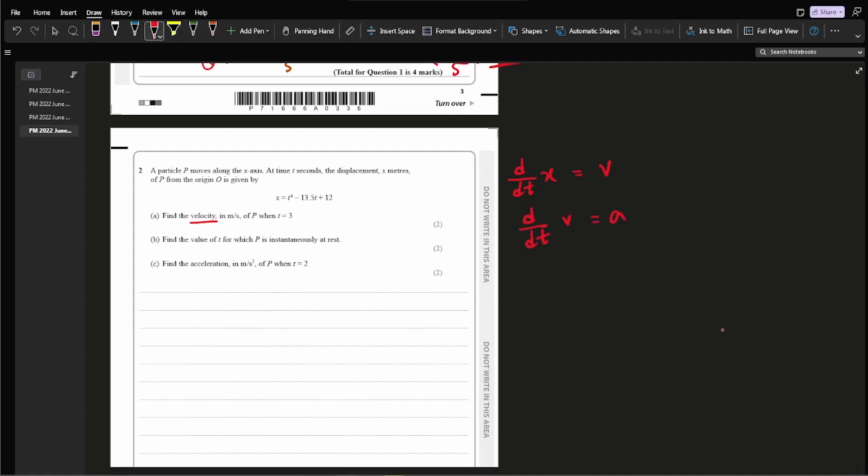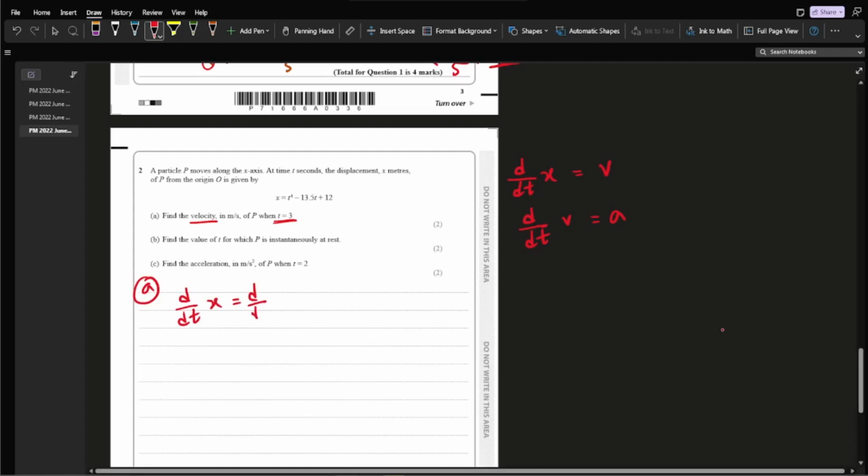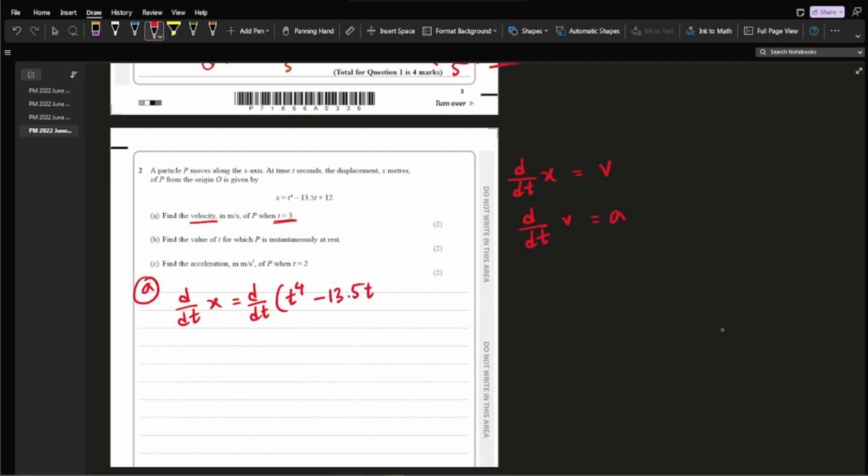So before we can find the velocity of P at time t equals 3, we have to find the general equation of velocity of P. So d/dt of x is equal to d/dt of t to the power 4 minus 13.5t plus 12.